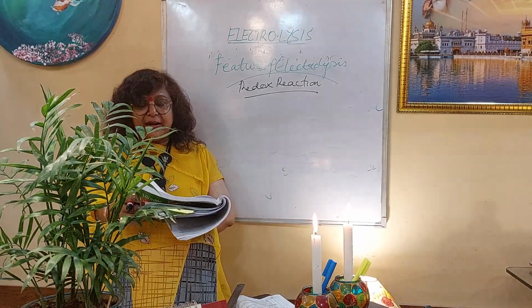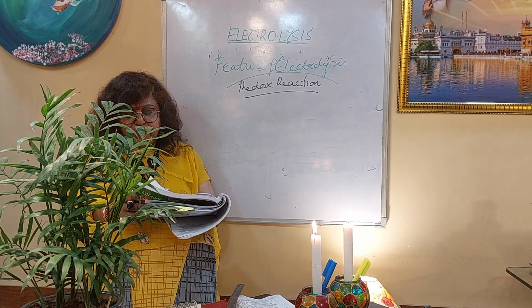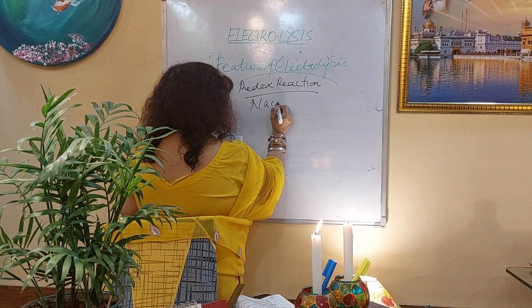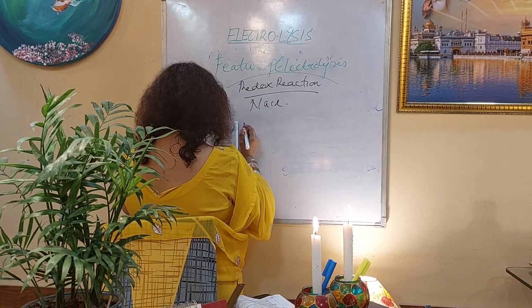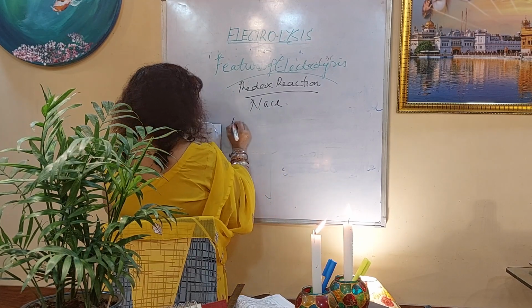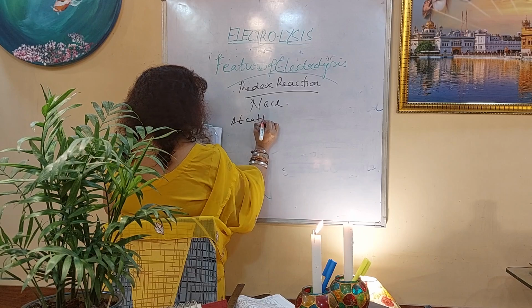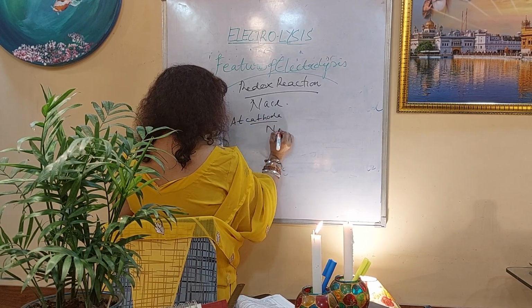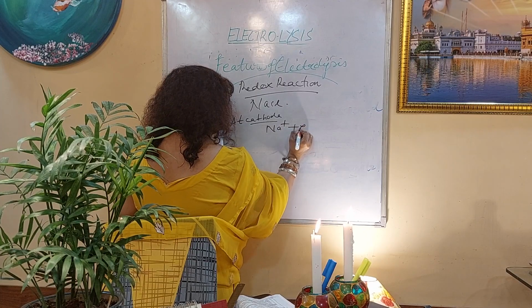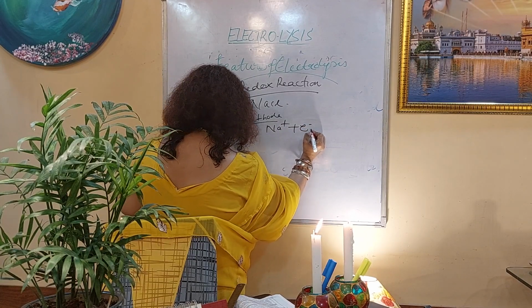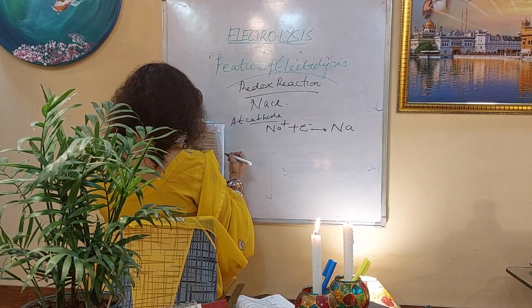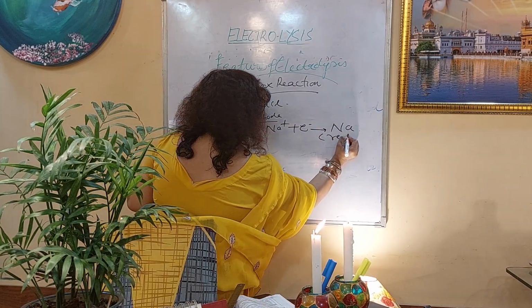For example, if you want to explain the redox reaction with NaCl, how will you write it? At cathode, Na plus plus electron will become Na, reduction.